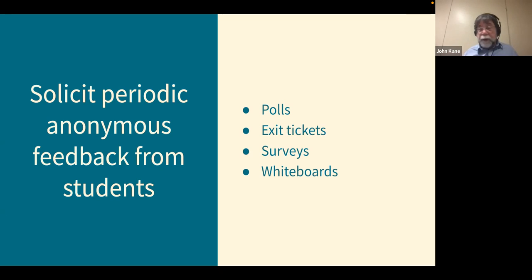Or if you don't use polling software, you could always make up a simple Google form and post a QR code in the class. I did that in my large classes when the only clickers we had were multiple choice clickers, when they were the physical ones. Now I'm more likely to use polling software, but again, a QR code with a Google form can work really effectively if you want to get this feedback.